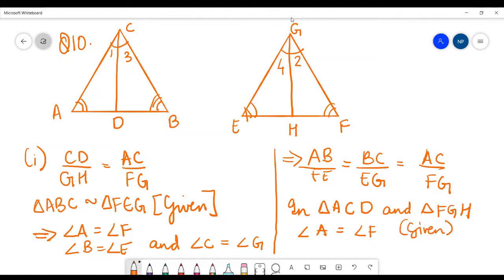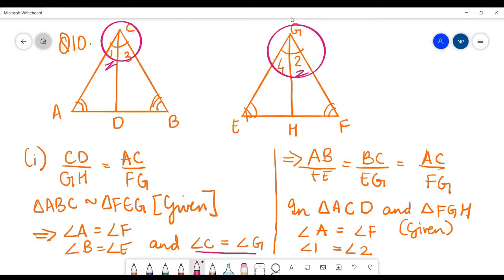So naturally it is already known that angle A is equal to angle F. Also, we can write angle 1 is equal to angle 2. Why? Let us listen to this carefully, children. Angle C is equal to angle G. Now, if both the angles are equal, then naturally half of the angles will also be equal. So from here we can say that angle 1 is equal to angle 2.